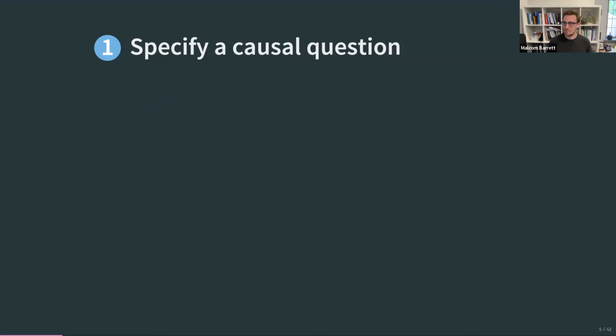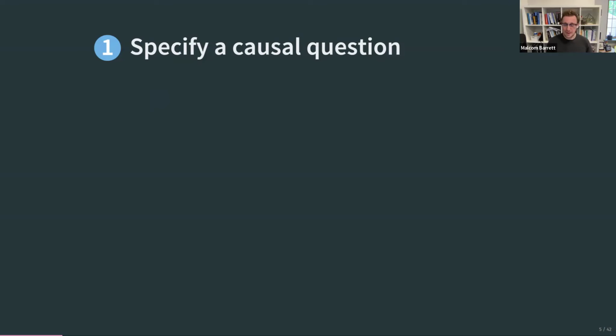But these are some of the really big ones that we think are really important. The first one is the absolute single hardest one of the whole workflow. And whenever you encounter an educational resource like our book or this tutorial, usually people will just hand you this one, which is to specify a causal question.